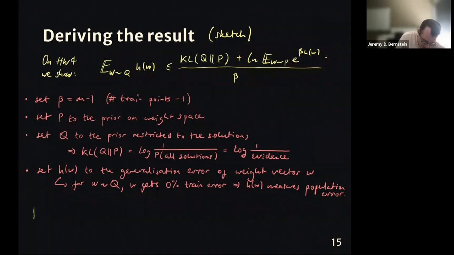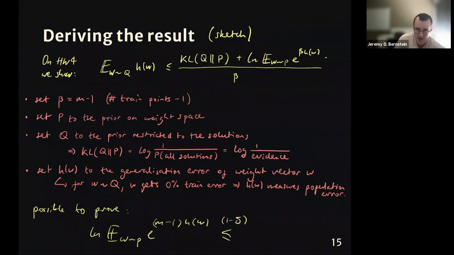And actually it's possible to prove, but see the references on the website, that log of the average over the prior of e to the m-1 of h of w is bounded, with probability 1 minus delta over the training set, by log 2m over delta, which is something small, so we can ignore this term. That's the idea of the proof. But I'm just going to move on now.